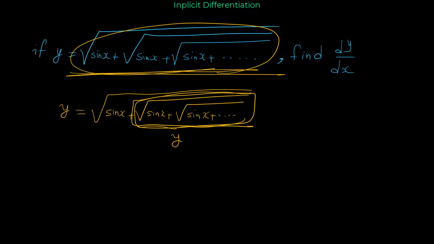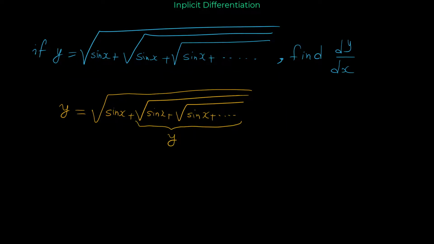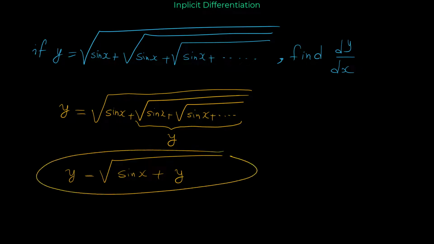So we can suppose from this point to infinity as again y. Suppose this to be y, and so we have y equals the square root of sine of x plus y. Now look at this new relation. We have an implicit relation.